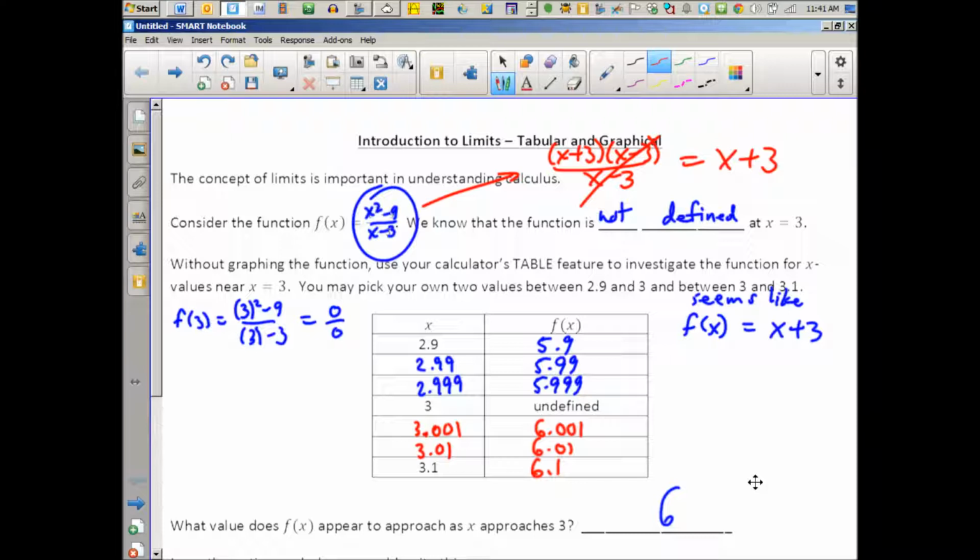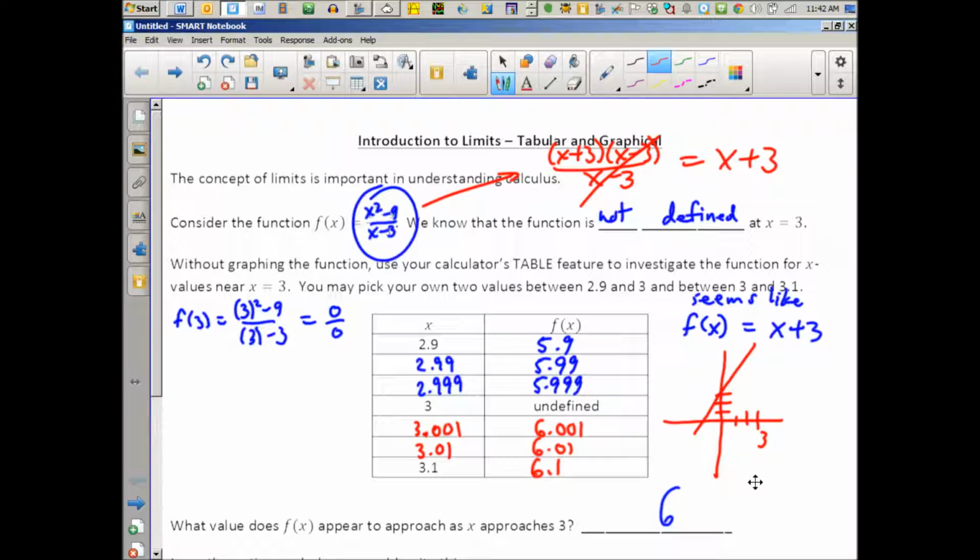Okay, so let's talk about the graph now. I think we can just draw this line, y equals x plus 3. Okay? So I'm going to draw y equals x plus 3. That has a y-intercept of 3, has a slope of 1. Looks like this. But when I get over here to x equals 3, what did we say about the function at 3?